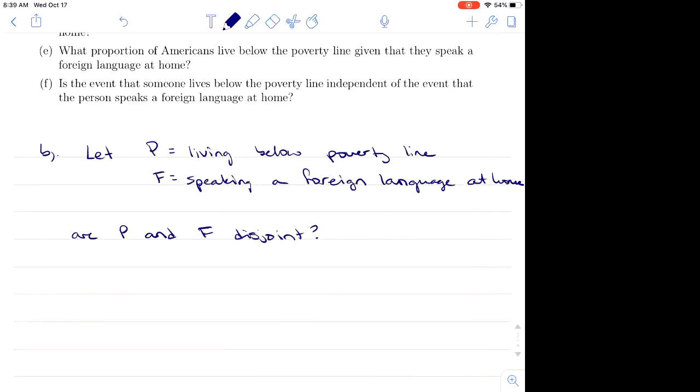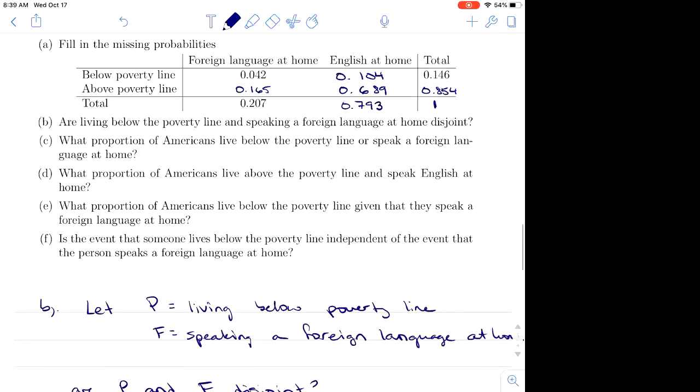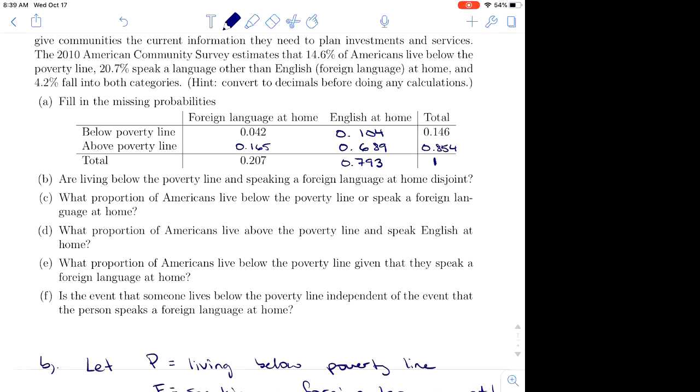To be disjoint, they can never happen at the same time, right? And so if we look at our table here, right, living below the poverty line and speaking a foreign language at home, the probability of that happening at the same time is 0.042, right?